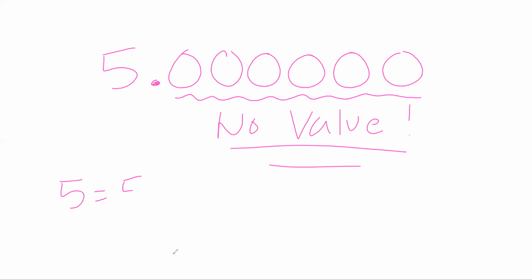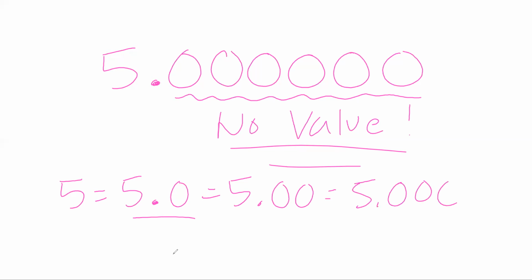5 is the same thing as 5 and 0 tenths. If I have $5 in my pocket, I don't say I have $5 and 0 cents, but we can write it that way. So it's equivalent, it just looks different. I could also write it like that, or this, that works.